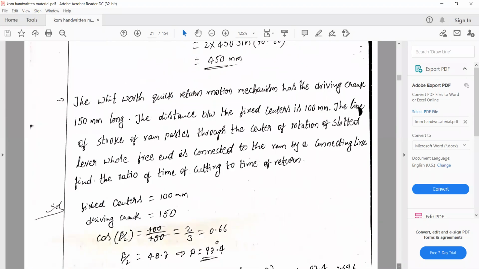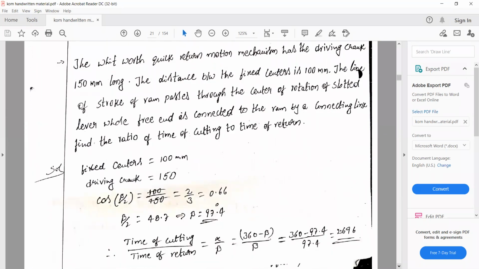Now let us see another problem regarding the Whitworth quick return motion mechanism. All of you read it carefully. The Whitworth quick return motion mechanism has a driving crank 150 mm long. The distance between the fixed centers is 100 mm.